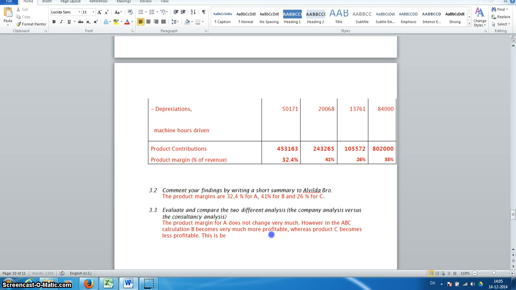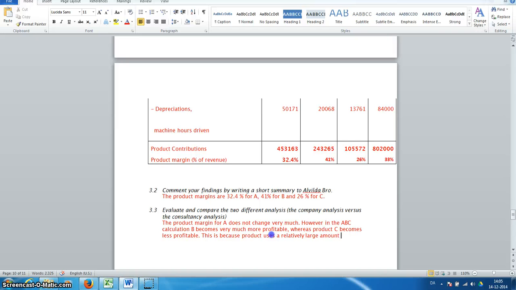This is because product C uses a relatively large amount of cost drivers. And in the previous calculation they were not punished or taxed, so to speak, for that, but they are in the activity-based costing analysis.